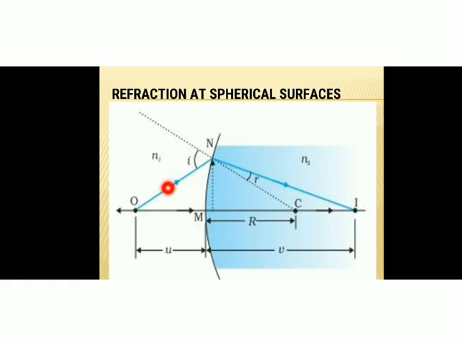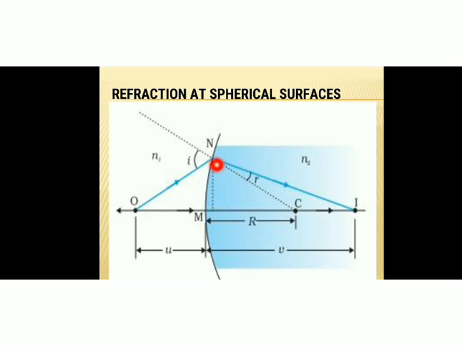Whenever a light ray enters from a rarer medium to a denser medium, it bends towards the normal. So here, which is the normal? Can you see this dotted line passing through the center of curvature? This line is our normal.